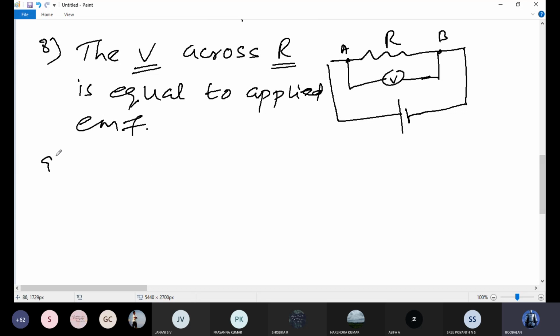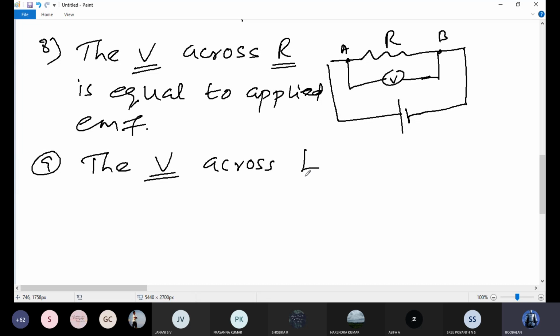9th one. The voltage across L and C are equal.